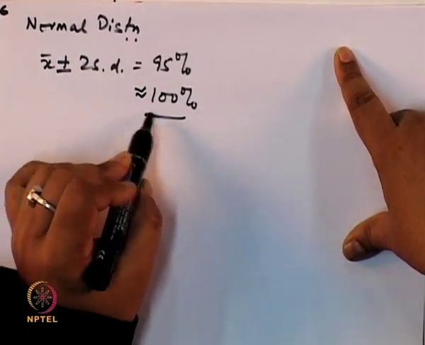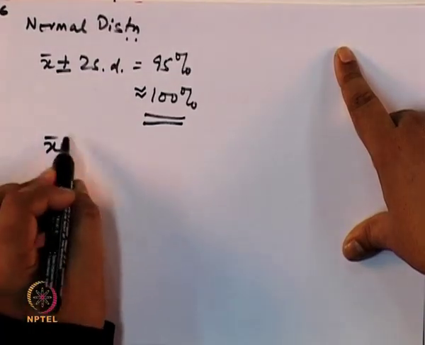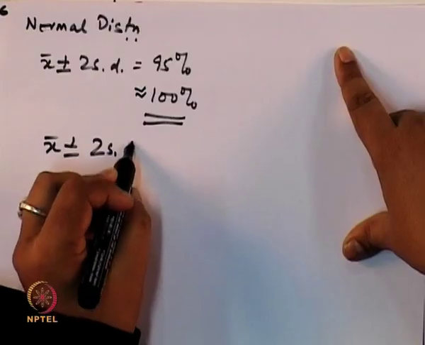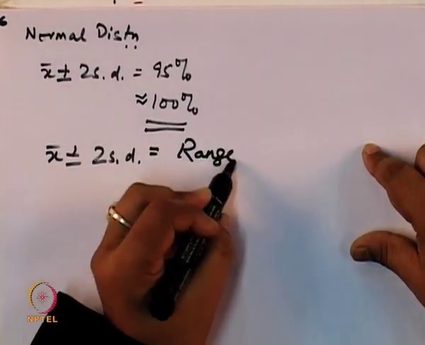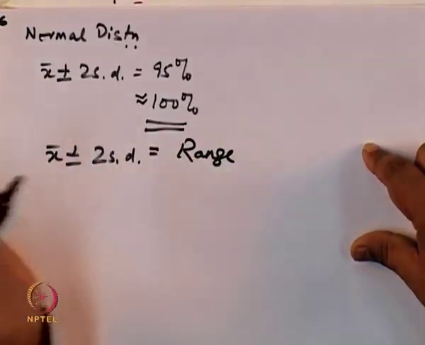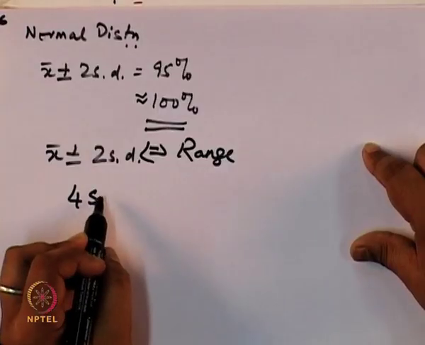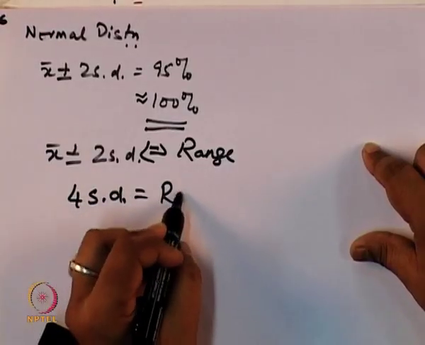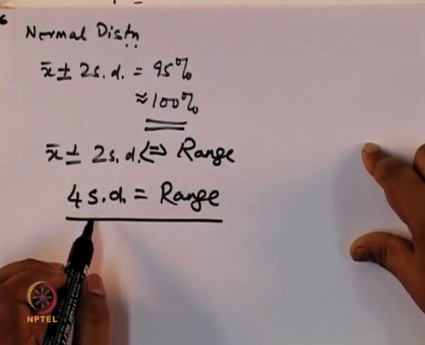So x bar plus minus 2 standard deviations will simply be equal to the range. The range gives me the 2 extremes, so roughly 4 standard deviations is equal to the range. Okay, that is a very easy way to test.